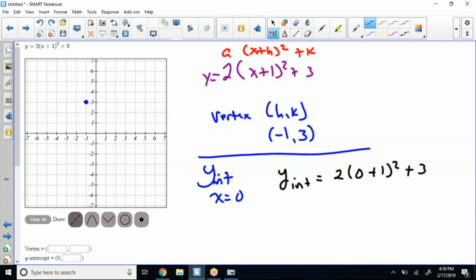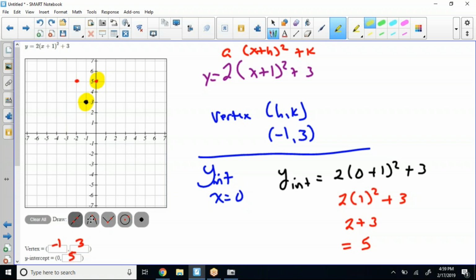So substitute 0 in: 2 times 1 squared plus 3, that gives me 2 plus 3, so the y-intercept is 5. And we know this is 1 away from the vertex, so 1 away on this side would be there. So we have (-1, 3) and then (0, 5), and they only want you to plot these 2 points.